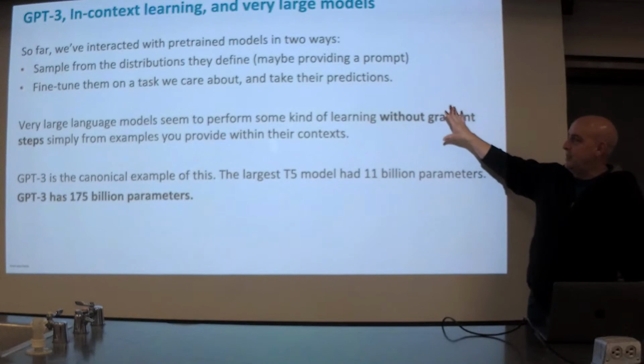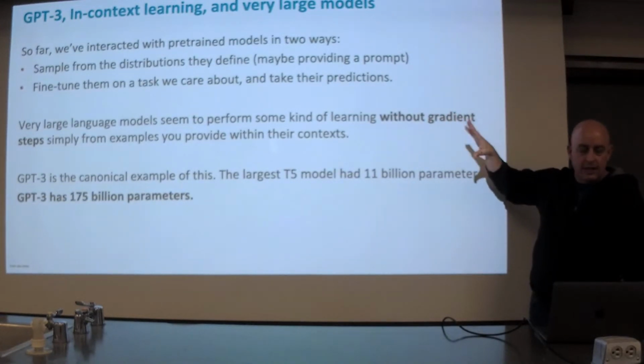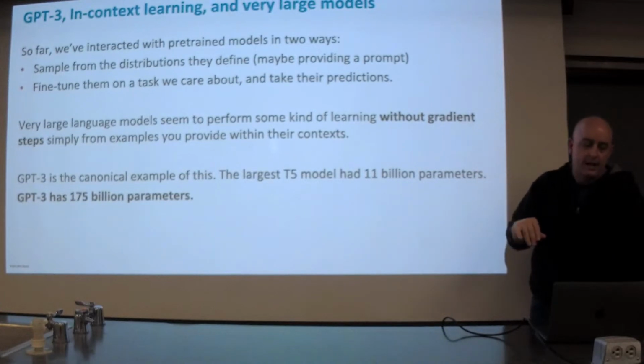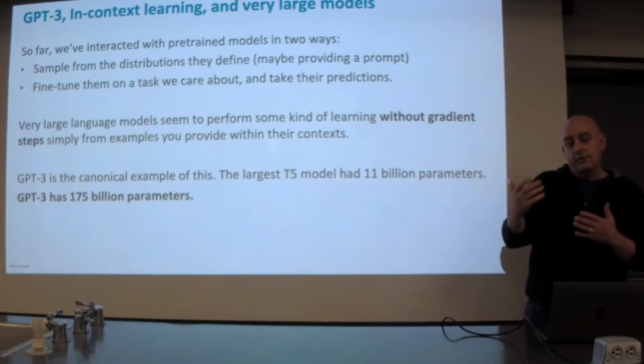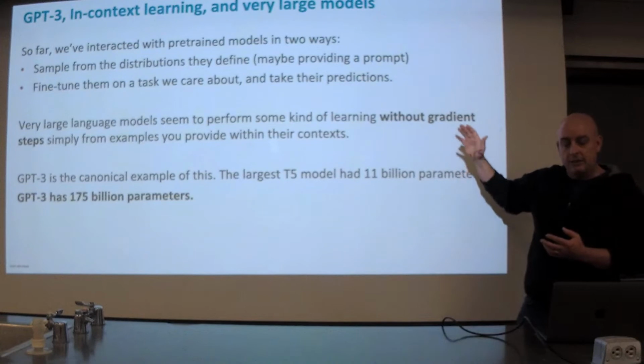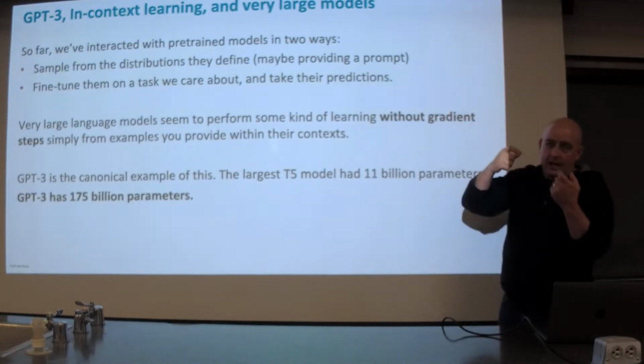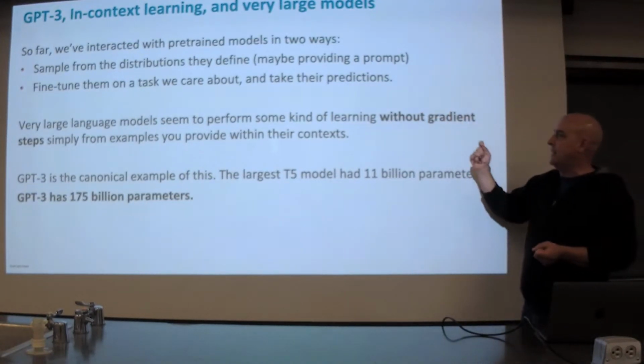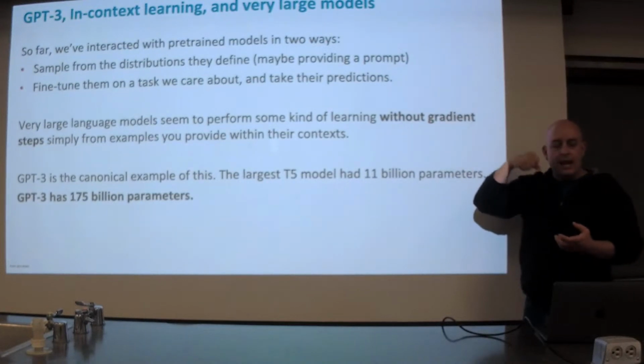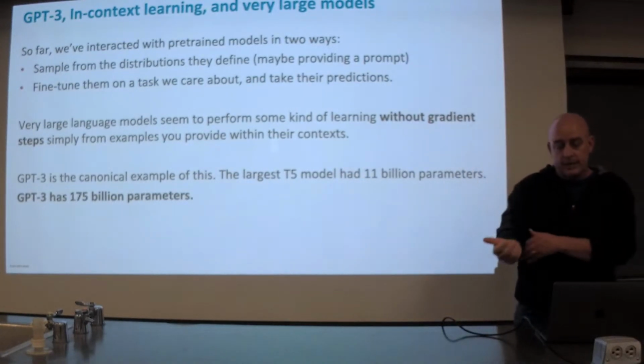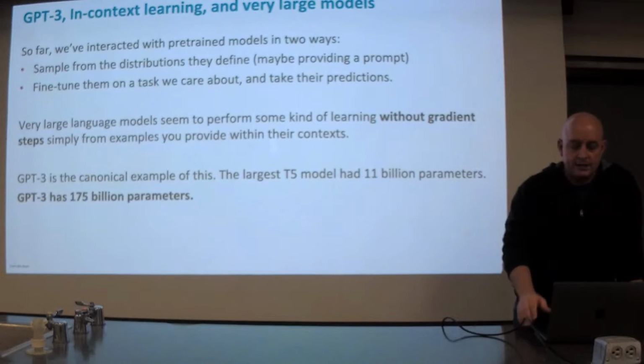What's really interesting with GPT-3 is that you start to get what appear to be emergent behaviors, including what we would call few-shot learning, or learning that doesn't require fine-tuning, if you want to think of it that way, that doesn't require any gradient steps or gradient descent learning.